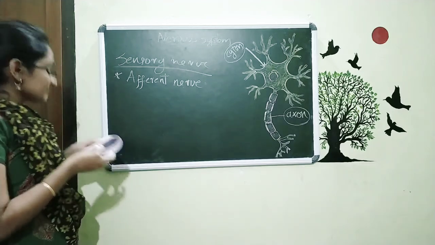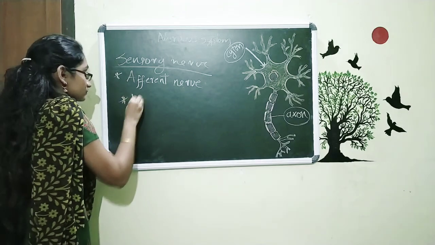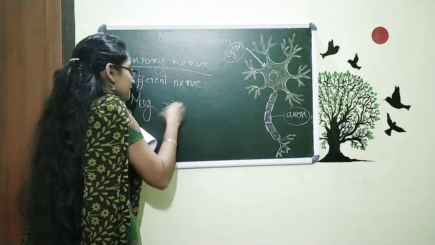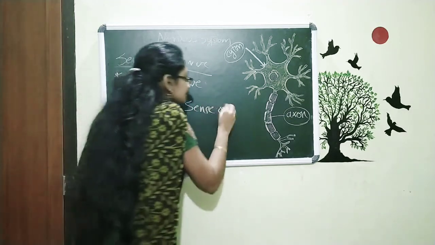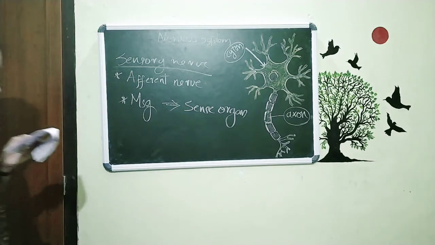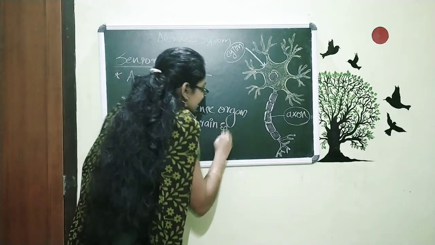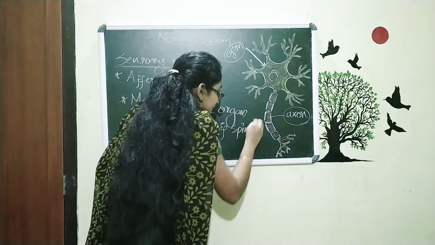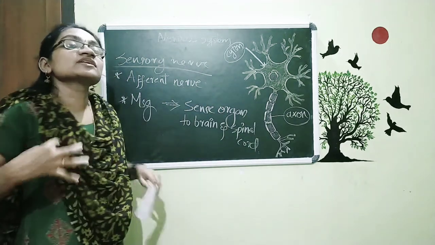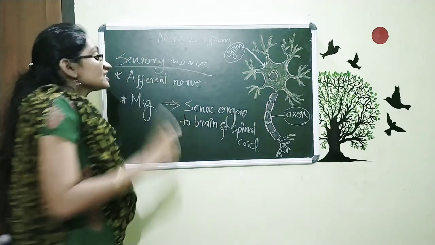The sensory nerve is carrying message from sense organ to brain and spinal cord. We already said that the spinal cord also has a certain role in controlling our body. So this sensory nerve is doing that.